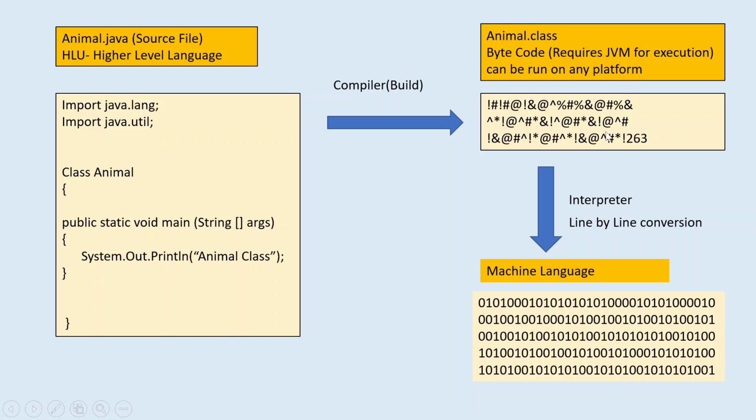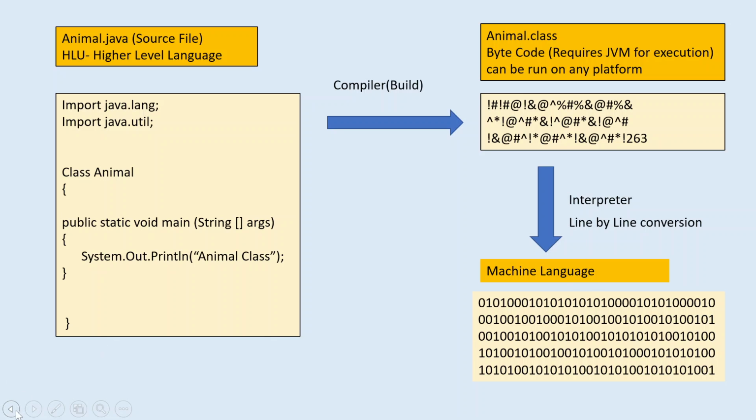Now what happens when you install JRE and JVM on a machine and this file is executed? There is something called the interpreter. The Java interpreter will read this file line by line and convert it into machine language, that is ones and zeros.